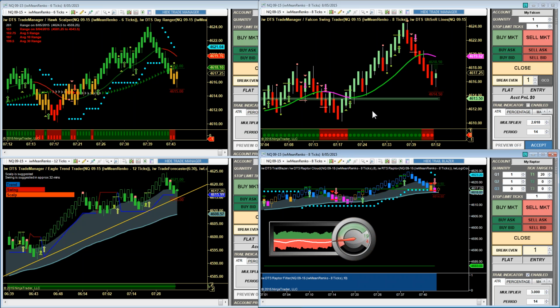A high probability swing target is $100 per contract, and a high probability trend target is $200 per contract. Now, in a market like crude oil, because it tends to be more violent and tends to have greater follow through, I'll actually double the profit objectives.